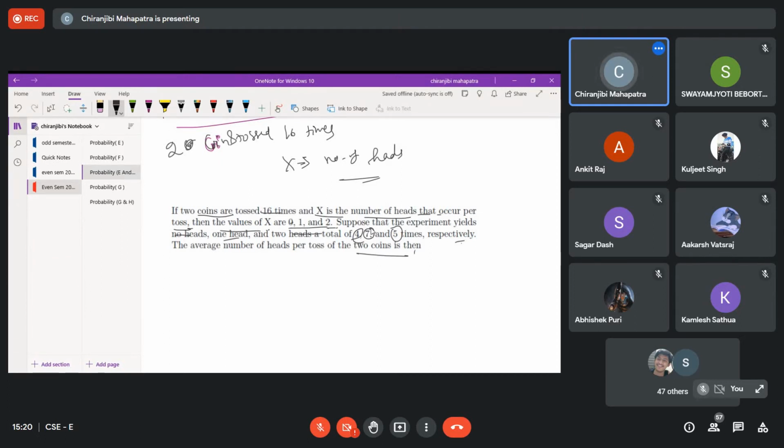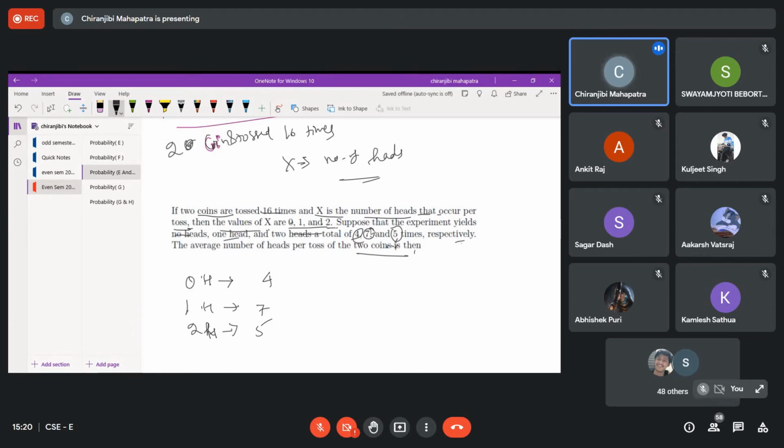तो यहाँ पे दिया है कि 0 हेड आने की जो फ्रीक्वेंसी है that is 4, 1 हेड आने की जो फ्रीक्वेंसी है that is 7, and 2 heads आने की फ्रीक्वेंसी, that will correspond to this 5. ठीक है?